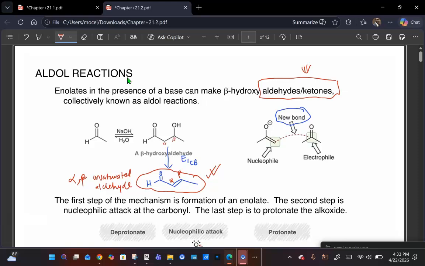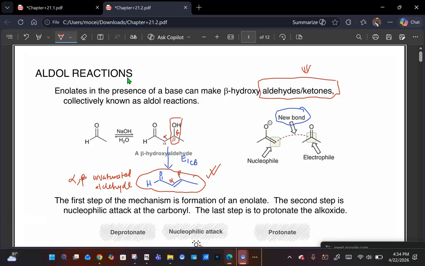That's advanced organic. And the goal is to put the OH on the beta carbon. So your knowledge of naming your carbons alpha, beta, gamma, will be very helpful.